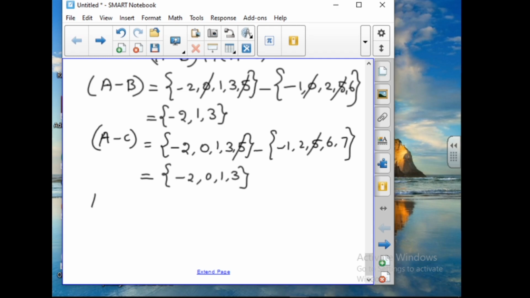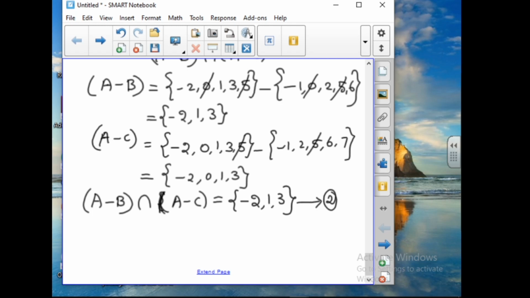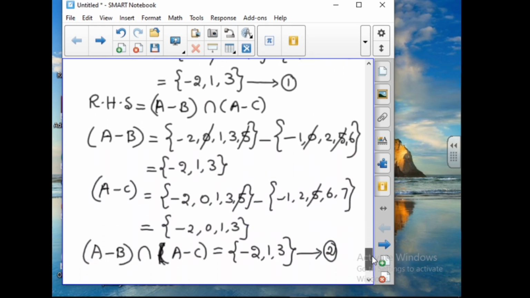So next you have to find A difference B intersection A difference C. So that is equal to the common elements of A difference B and A difference C. What are the common elements? -2, 1, 3. This is equation number 2. See the equation first one, -2, 1, 3.